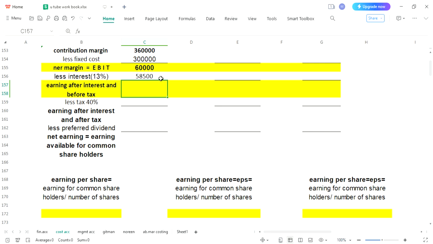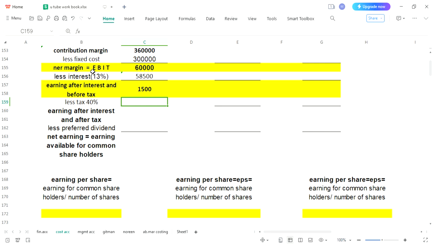Now we are ready to calculate our current earning by subtracting interest from EBIT. 60,000 earning before interest and tax, and you will subtract the amount of interest. It means we have our earning after interest, 1500. This would be the earning which we will use to calculate our tax.